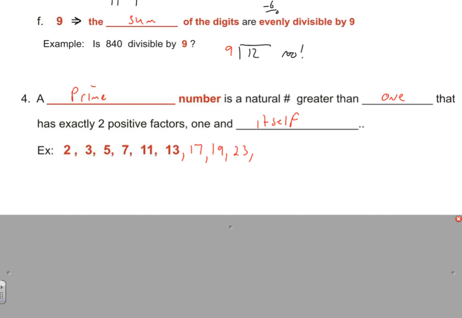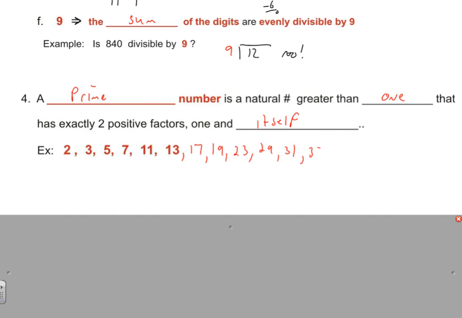Next one, and again, this is what you're doing. You're just thinking through the next numbers. 24 is 2 times 12, et cetera. 25, 5 times 5. 26, 2 times 13. 27, 3 times 9. 28, 4 times 7. 29, yeah, that's prime. 30, no, 3 times 10. 31 is prime.